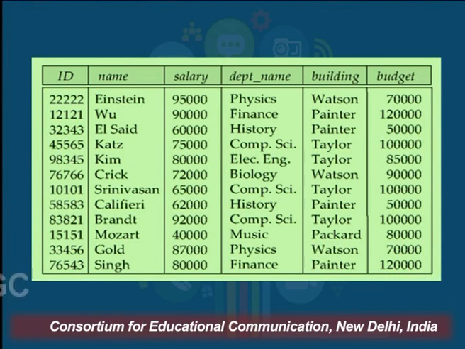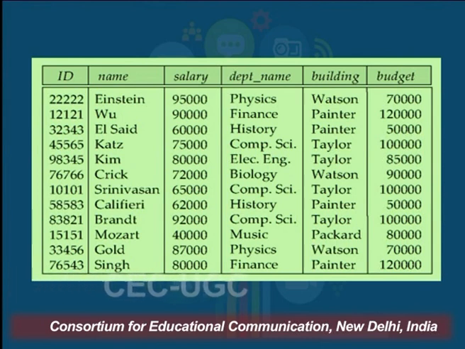Here you can see this row of 45565 Srinivasan, then 75,000 as the salary belonging to computer science department, and the computer science department is being hosted inside the Taylor building, and the budget is, let us say, whatever it is, 100,000.